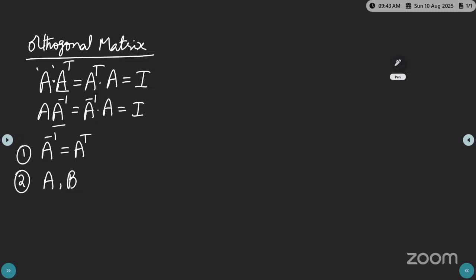If A comma B are orthogonal matrices of same order, then their product AB is also orthogonal.